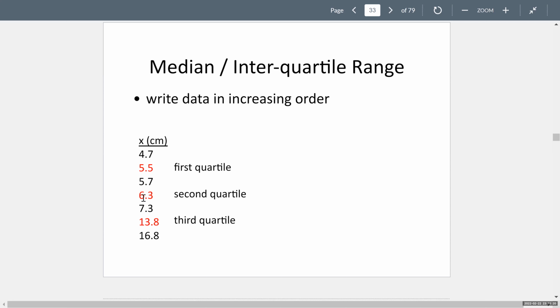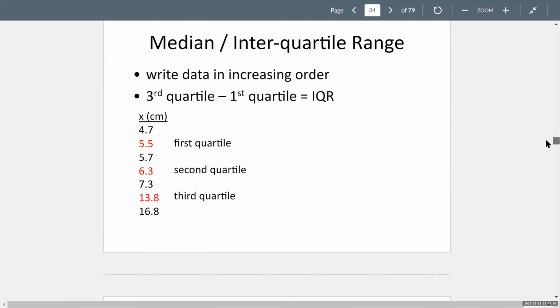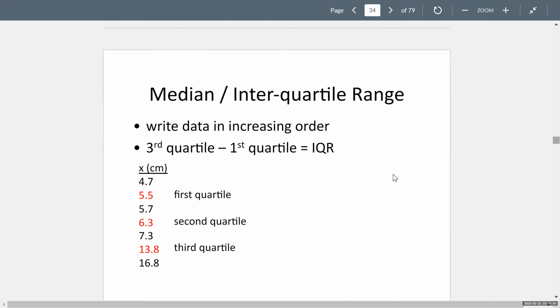All right, so we found our median and our first and our third quartiles. We want to have some measure of how wide the data set is. If we're using median, then we're going to use interquartile range. That is the distance in between the first and the third quartiles.